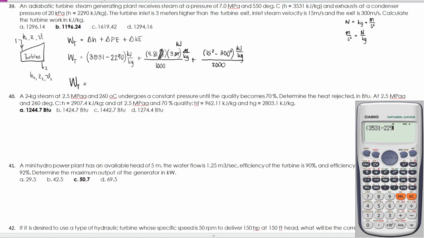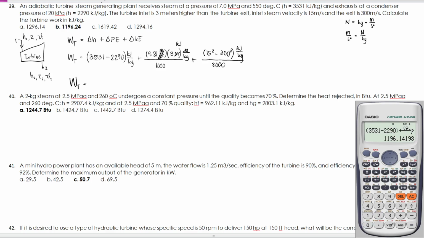3531 minus 2290 plus 9.81 times 3 over 1,000 plus 15 squared minus 300 squared over 2,000. Yun.